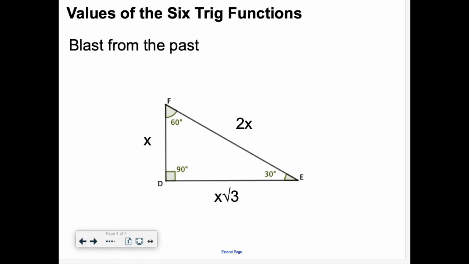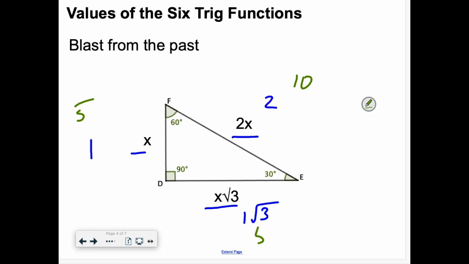Now we also have another blast from the past, the 30, 60, 90 special right triangle. And that also has special properties. Whatever this is, the hypotenuse is twice it, and the longer leg is that times radical 3. So if this was 1, this would be 2 times 1, so just 2. And this would be 1 times radical 3. If this was 5, this would be 5 times 2, so 10.